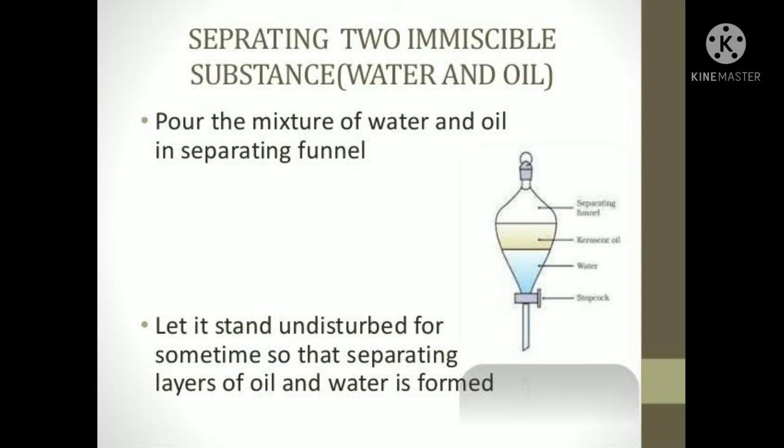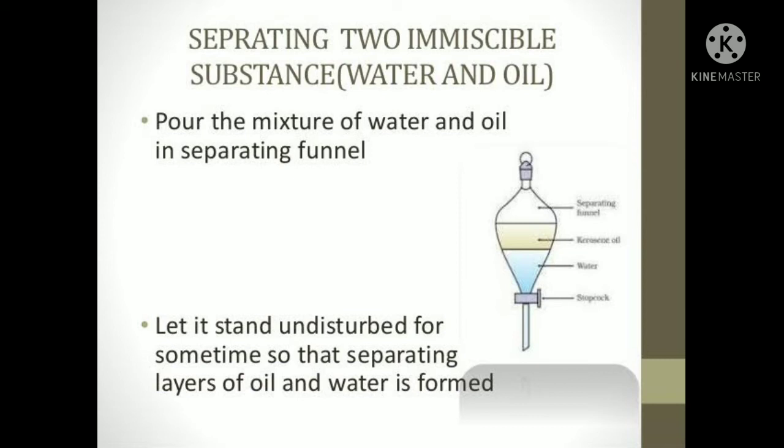Then slowly what will happen? After some time, the denser liquid will form a lower layer, and the less dense one will be in the upper layer. Then we'll open the stopcock. When you open the stopcock, slowly the water will go out, and as we reach the line of the kerosene oil, we will stop.